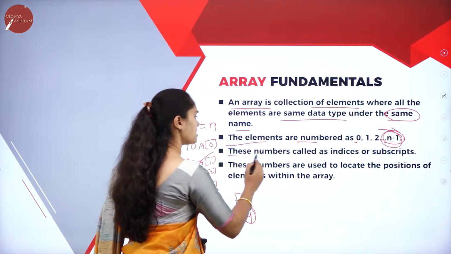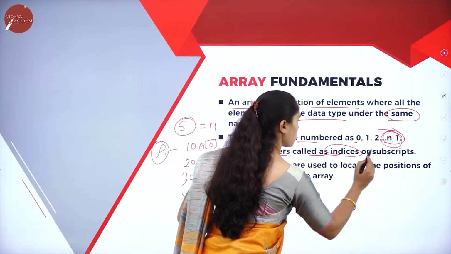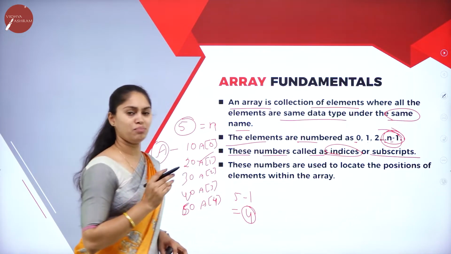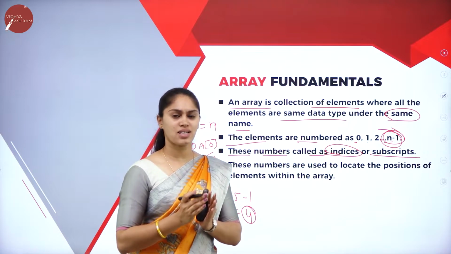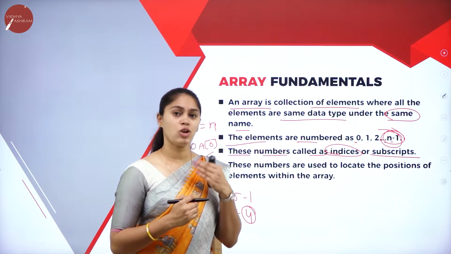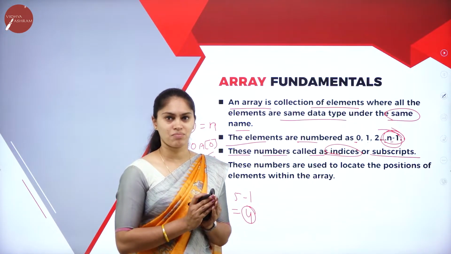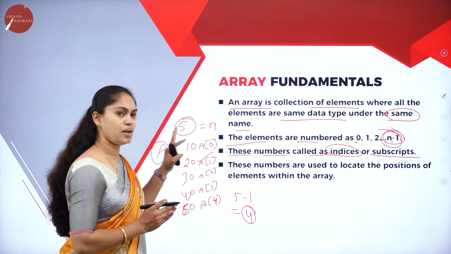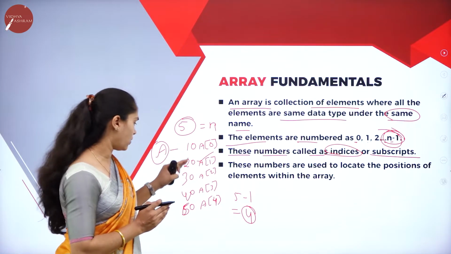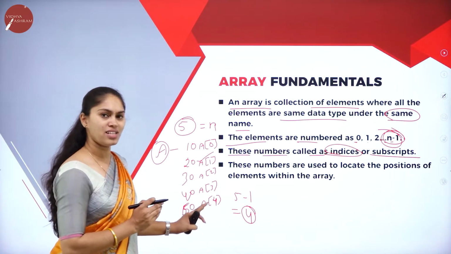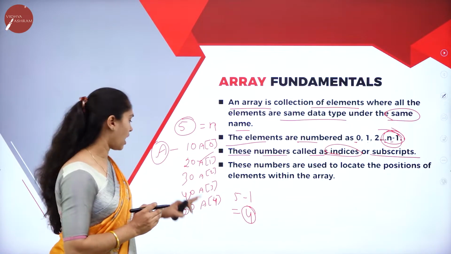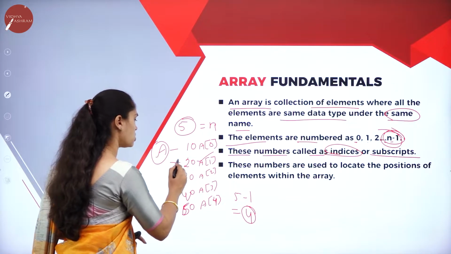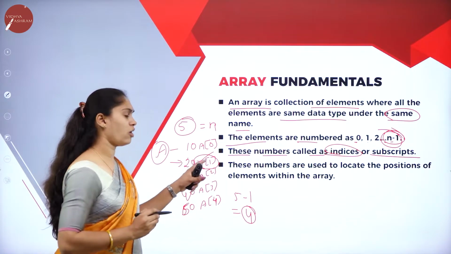These numbers are called indices or subscripts. Very important. What do we mean by indices or a subscript? They specify the location of an element in an array. If I consider these as the 5 elements of an array, 10, 20, 30, 40 and 50, what is the address of the second element? The second element is 20, and its address is A of 1.